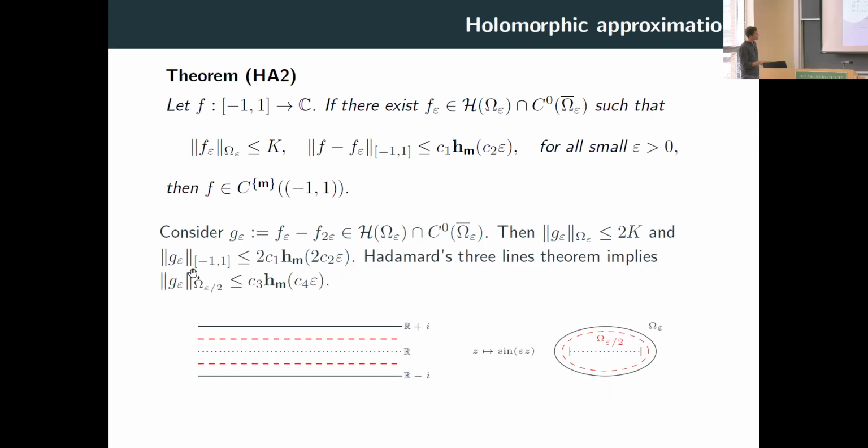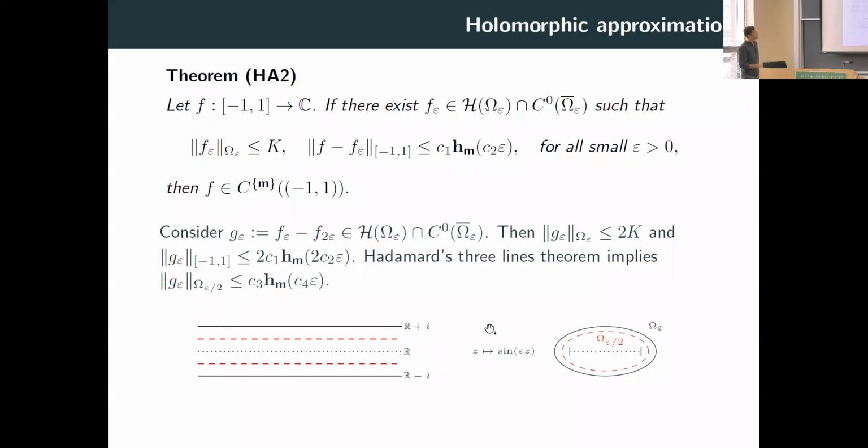So the upshot is I get a bound of this kind, where on the right-hand side I have the function hm on an ellipse, and to be precise, it's the ellipse omega epsilon half. Okay, so how this is done is the following.